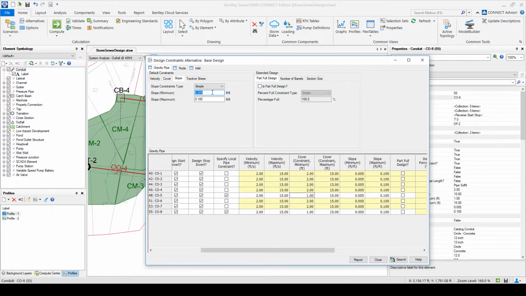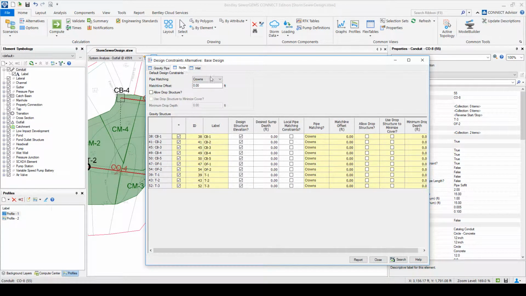And then from there, it looks at the minimum slope, all right? And makes sure that whatever flows are flowing through it, because it knows the area, it knows how to stick to those velocity constraints. And for our nodes, we simply said match the crowns.